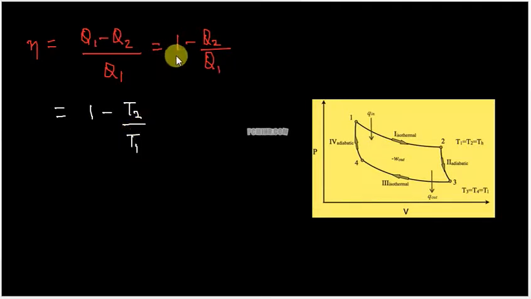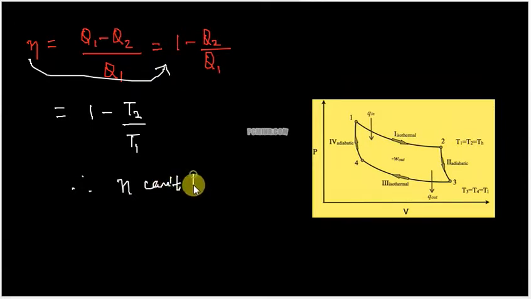So as you can see from this equation, my efficiency can never be 100%, because there is some subtraction happening here. If Q2 and Q1 were equal, then they would cancel out and I would get the efficiency to be 100%.